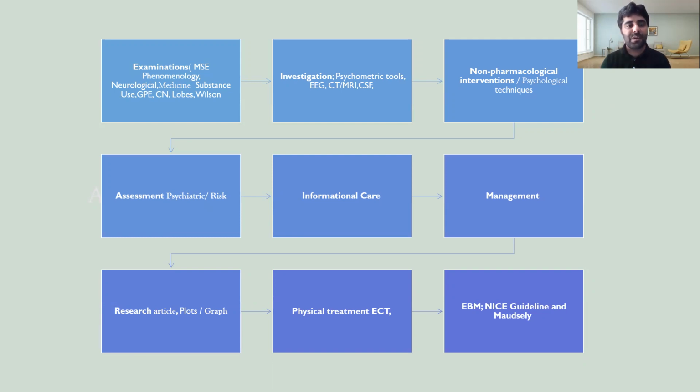There are some stations related to assessment for substance use, assessment for depression, assessment for psychosis, anxiety, borderline personality, antisocial personality, and risk assessment including the risk of suicide, homicide, and deliberate self-harm. You should familiarize yourself with these stations as well.